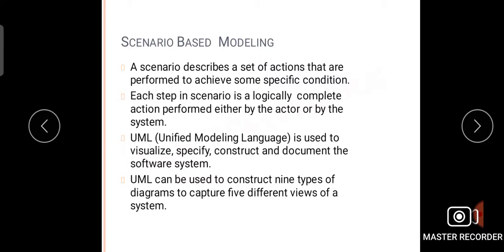It is used to visualize, specify, construct and document the software system, and UML can be used to construct 9 types of diagram to capture 5 different views of the system. So which 9 types and which 5 views does UML have?